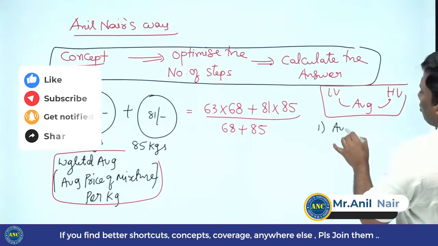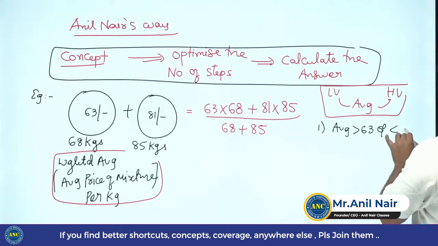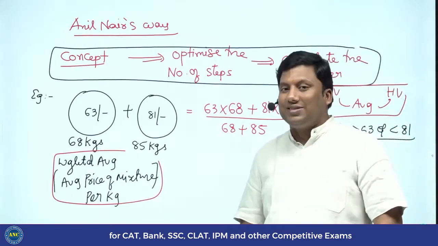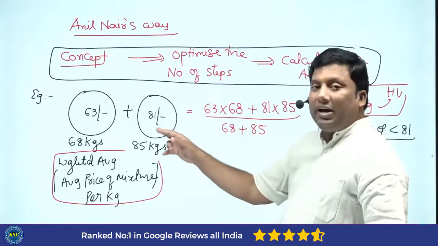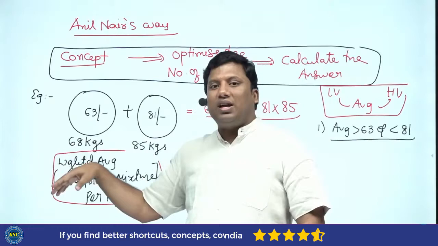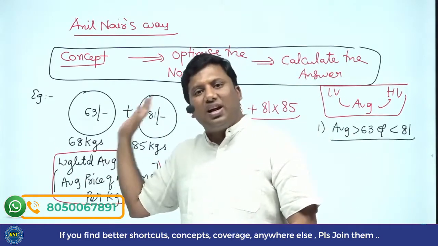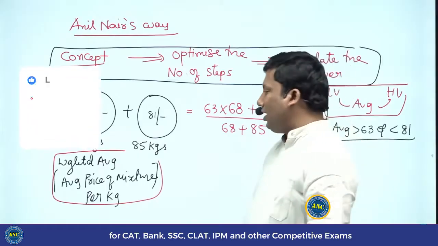So average should be greater than 63 and less than 81. I hope the idea is clear. Eliminate all the options which are less than 63 and which are greater than 81.